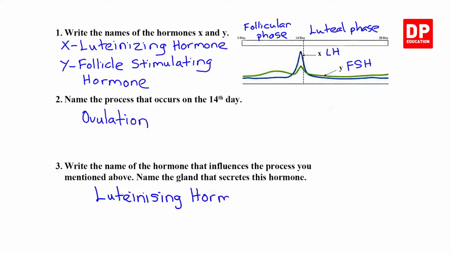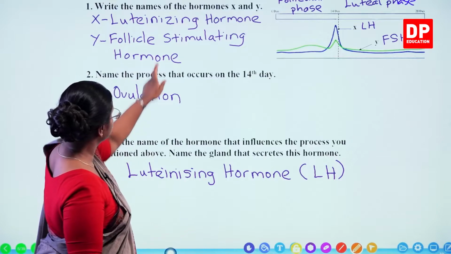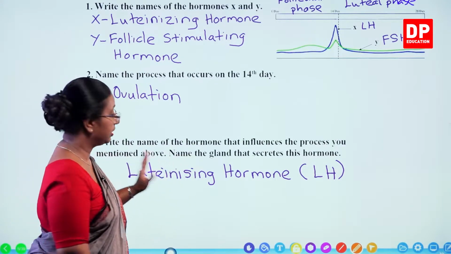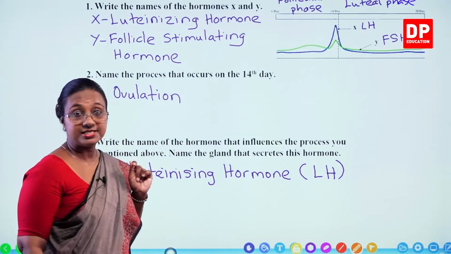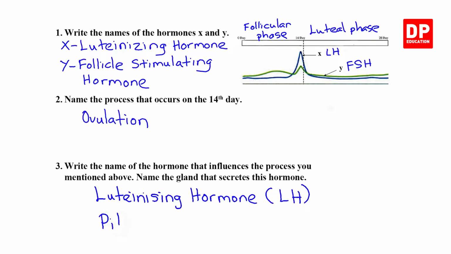Luteinizing hormone, or what we abbreviate as LH. I have written both the spellings here, students, N-I-Z-I-N-G, N-I-S-I-N-G, luteinizing hormone. And what is the gland? It is the pituitary gland.